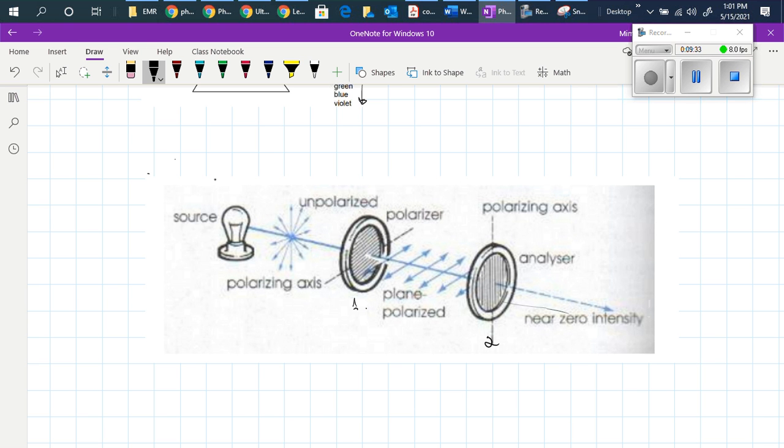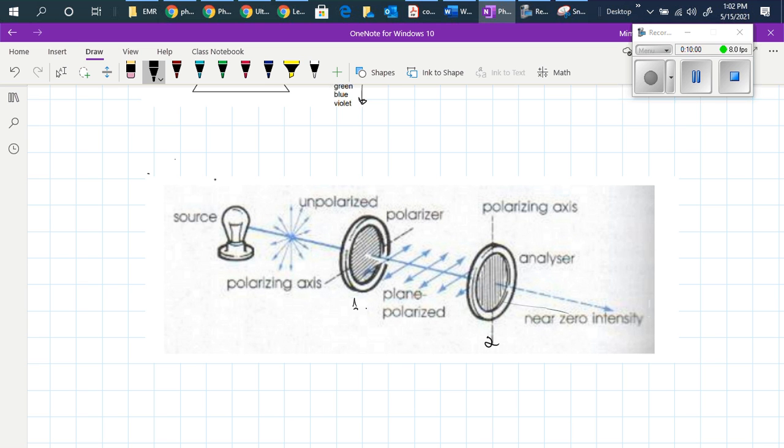Now, could those results be explained by longitudinal waves? If the light traveled in longitudinal waves, the vibration would be in one direction, and such a wave would pass through a pair of polarizing filters unaffected. In other words, a longitudinal wave cannot be polarized.